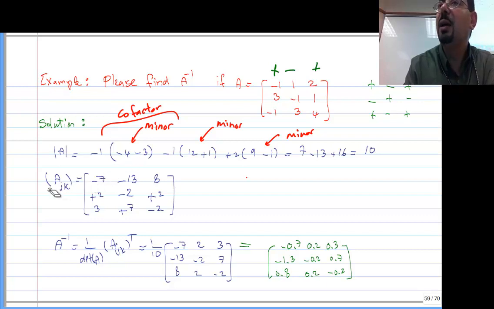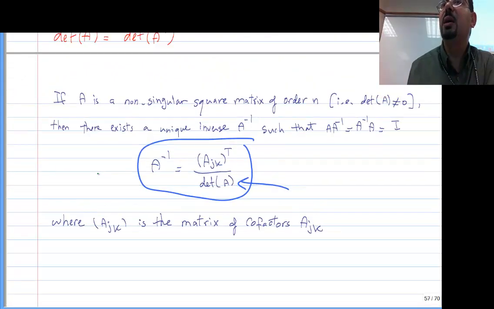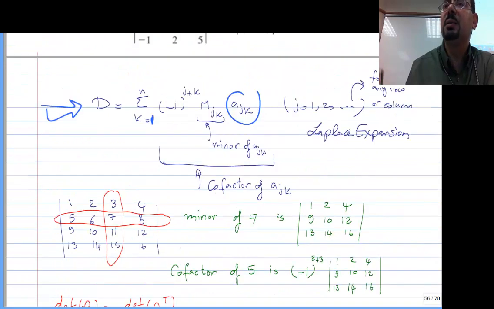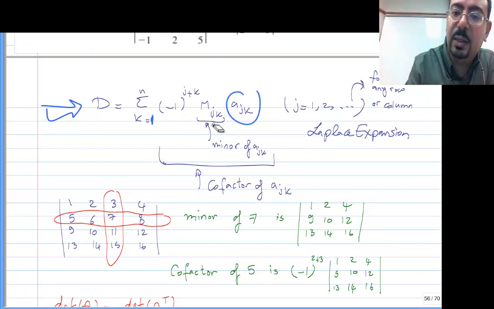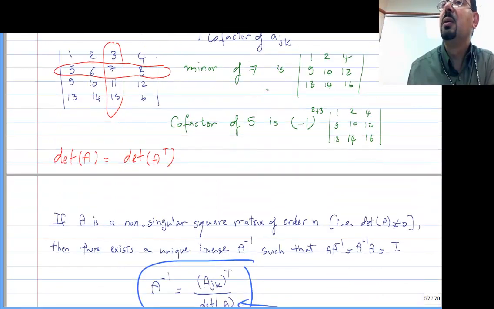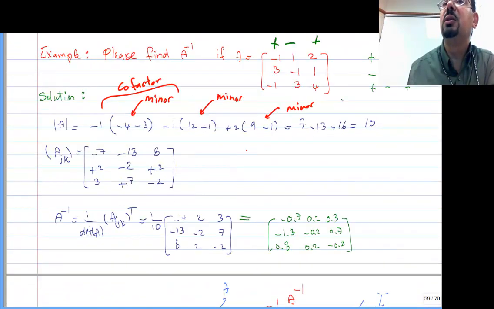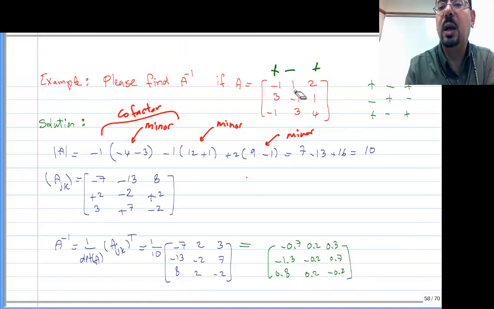Okay, this is the matrix that we will transpose and then divide by the determinant to come up with the inverse. Do you get why this is minus 7? Because that matrix is the cofactor. The cofactor is basically the minor multiplied by the sign of each element. So let's look at this one.